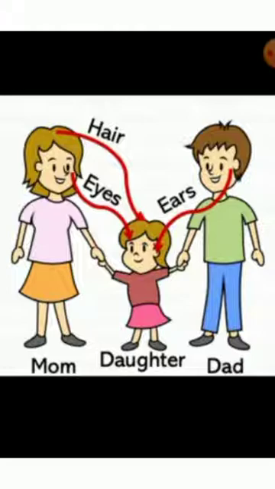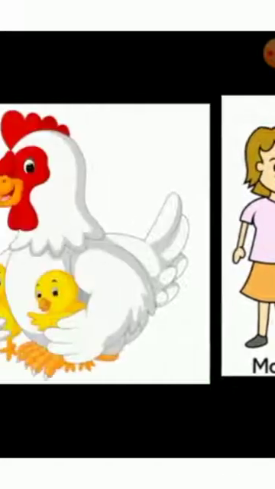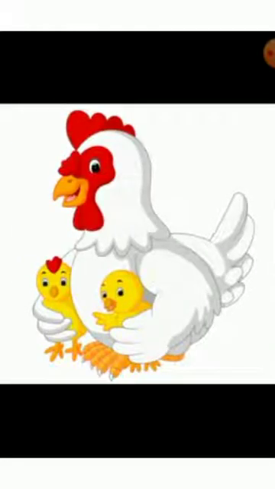Her hair also resembles her mother's. So the properties, the similarities which she has adopted from her parents are called inheritance. See, in this picture, the young chicks are in the arms of their father. It is a picture of a cock, and see, one chick has a top crown just like his father, right? This is called heredity.